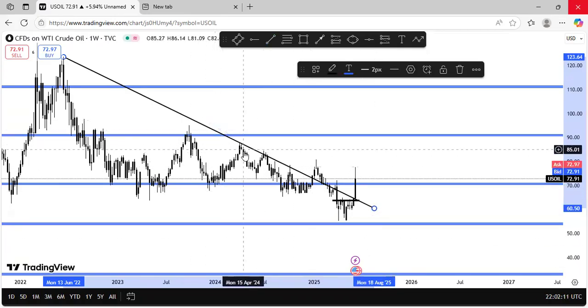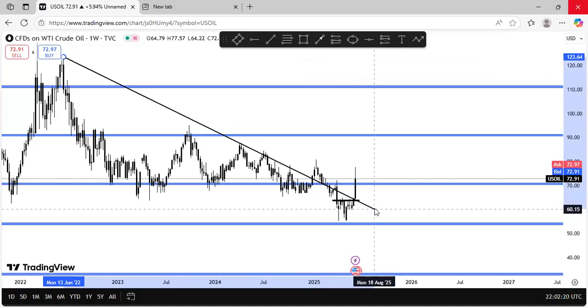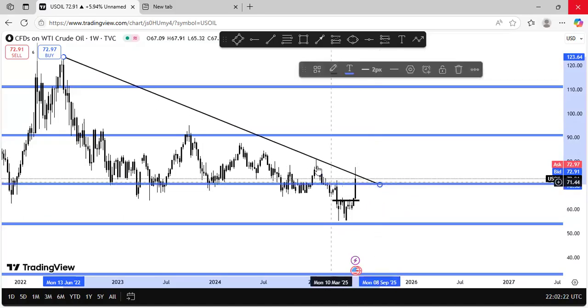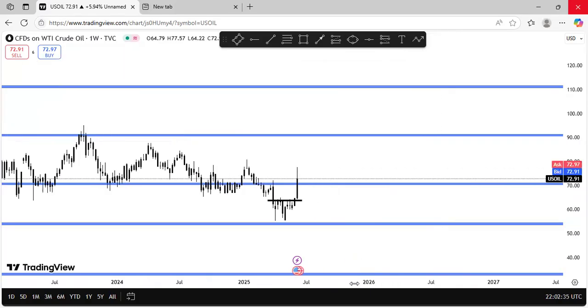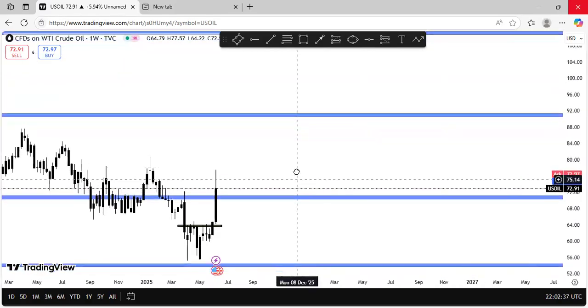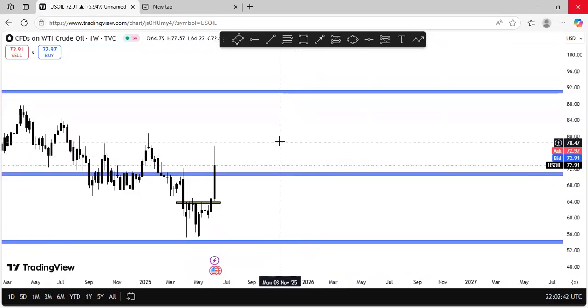But if we take this part, which is here, we can see price breaking this trend line of ours into this zone. If I pick this spot here, we're still trading below this trend line. We're still trading below. So that being said, on our weekly time frame, we're in this downtrend. I mean, since 2022, we've been in a downtrend when it comes to the US oil.